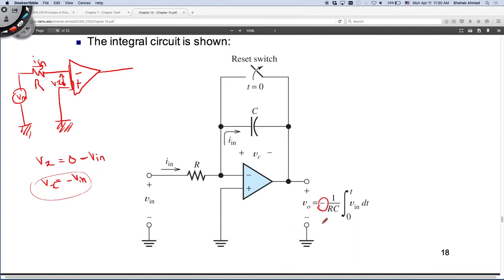So if the output will be negative, how do I make Vx go to 0? I make Vx go to 0 by either replacing this 0 with something equal to V input, or I can have 0 minus V input altered by a large negative number, by something equal to V input. So if I do that, I make this go to 0.